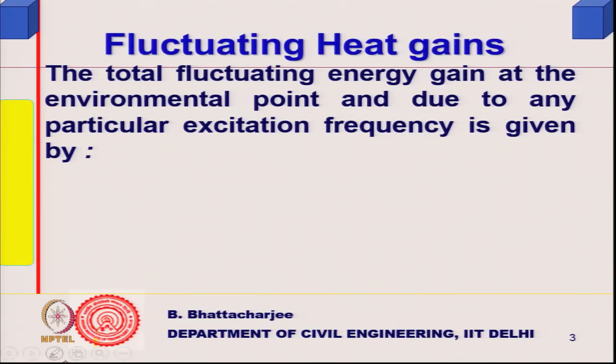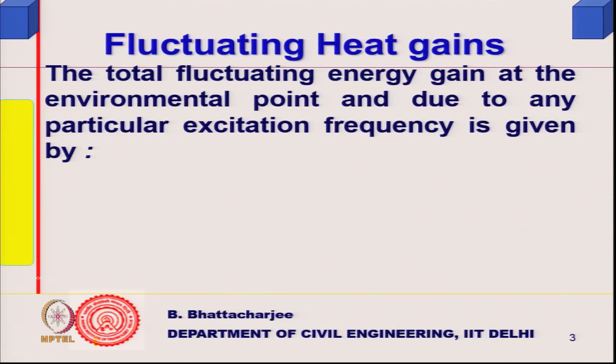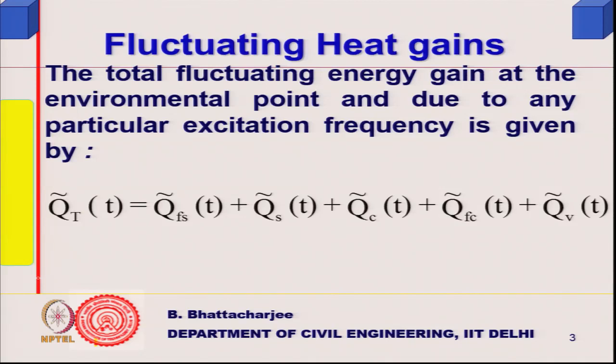Now, total fluctuating energy gain at the environmental point due to any particular excitation frequency is given by the total fluctuating heat flow. If I want to calculate it, this will be given by, first of all, the fluctuating ventilation transfer.